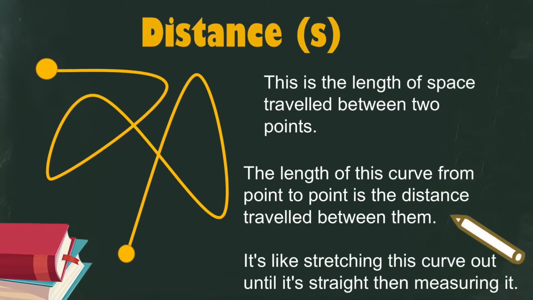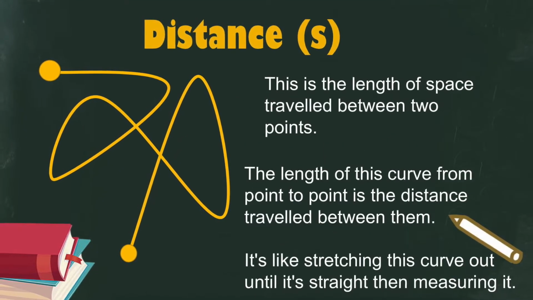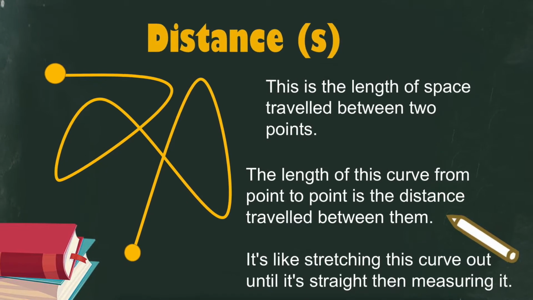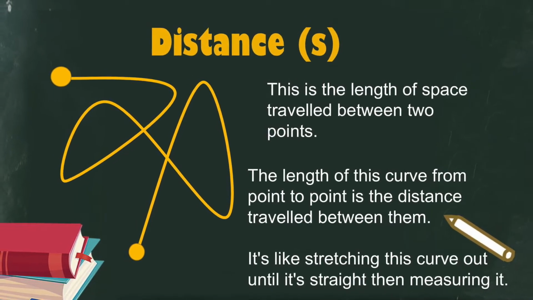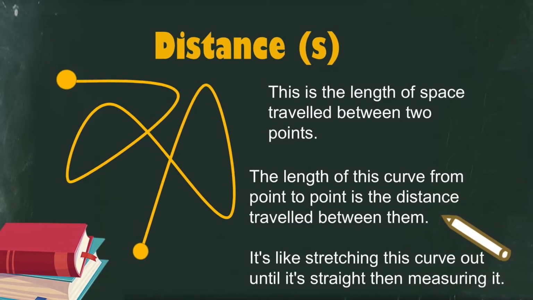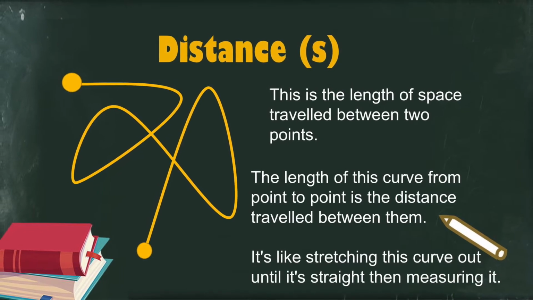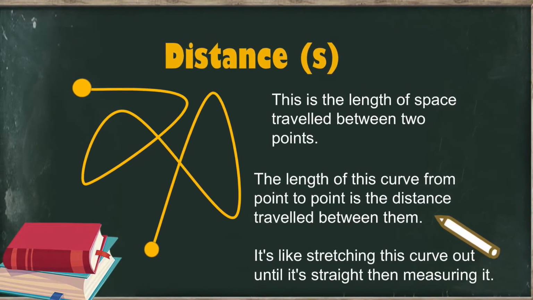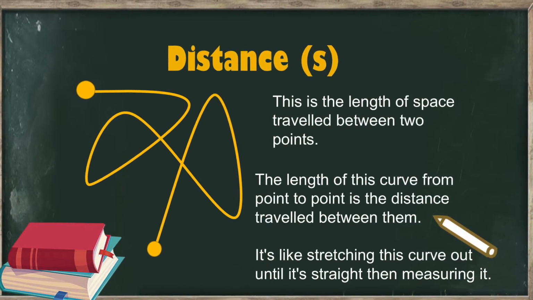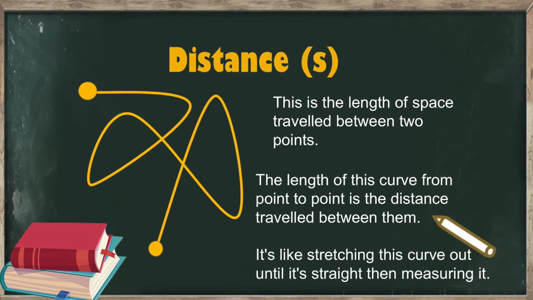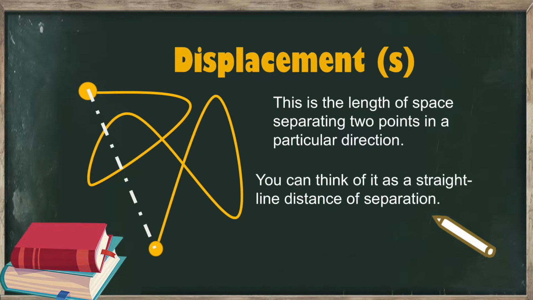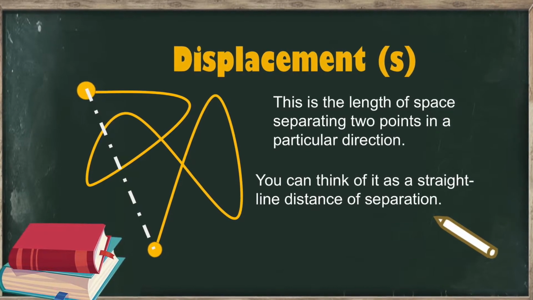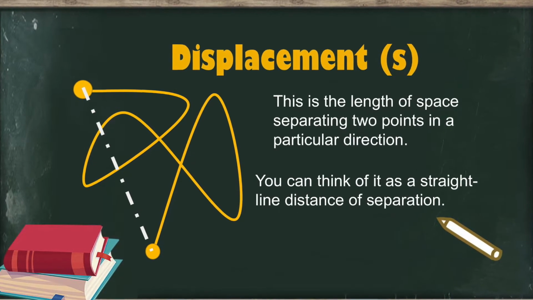Now, distance is concerned with the length of space traveled. It's like running around the block. The distance you run is just the size of the block. Displacement, on the other hand: if you run around the block and you end up back at your house, you've gone nowhere.